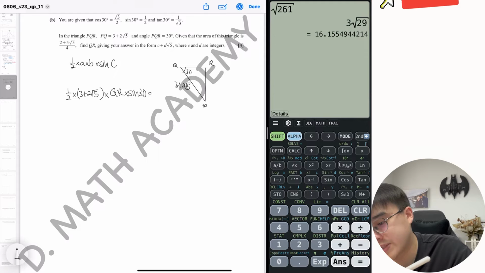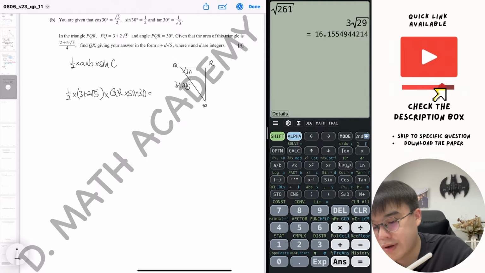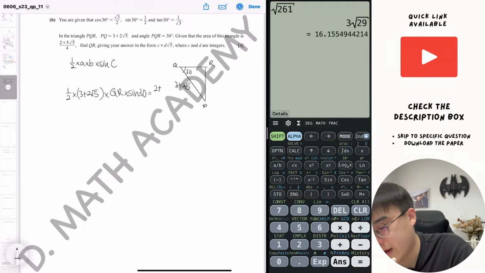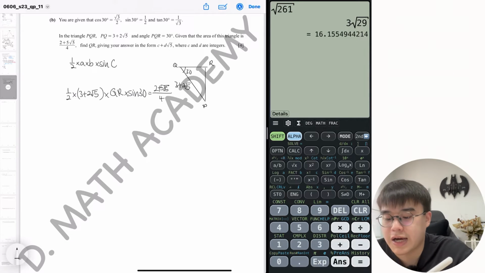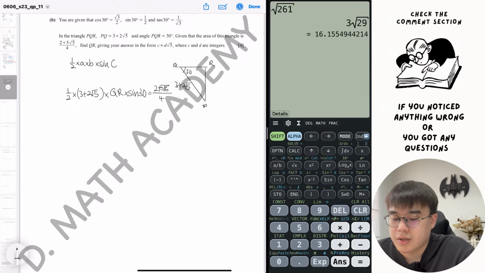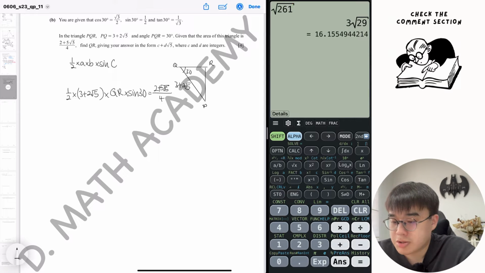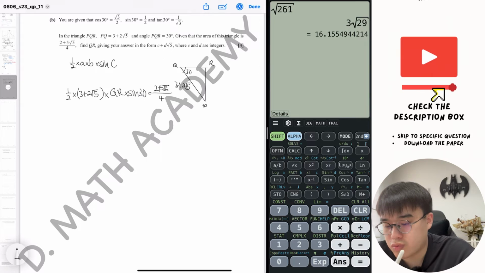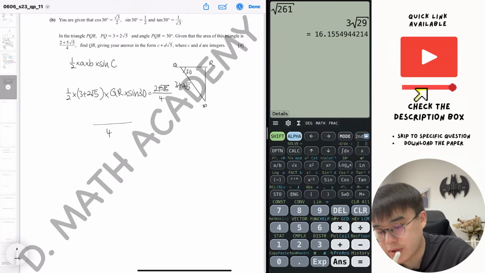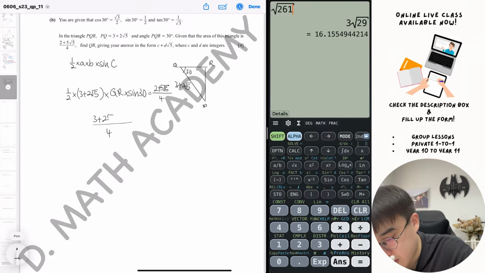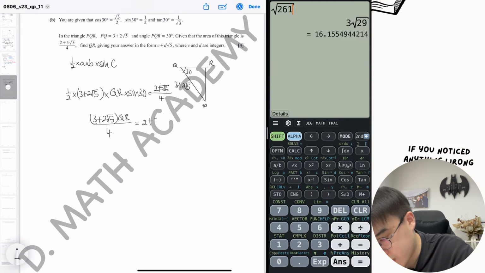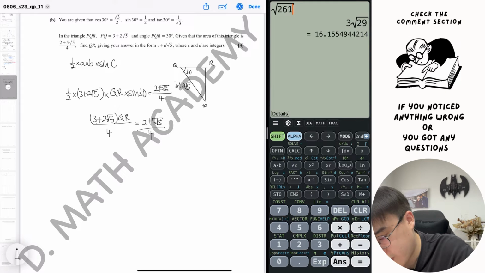It will result in the area of 2 plus 5 square root 5 over 4. So this will actually be the answer here. Okay, work it out. Sine 30 is 1 over 2. So I get 1 over 4 here by combining them up with a QR equals to 2 plus 5 square root 5, 4.